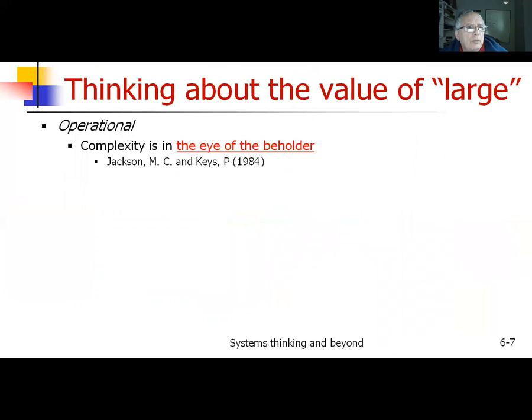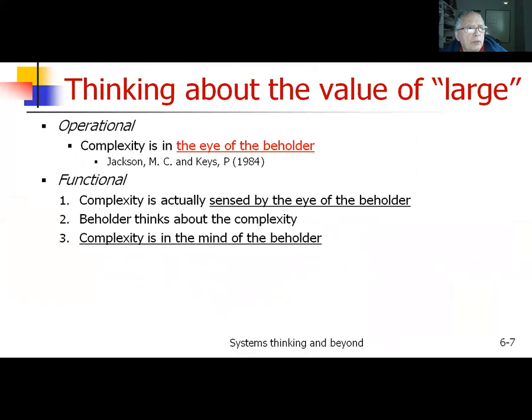So when we're thinking about the value of large, from the operational perspective, Jackson pointed out complexity is in the eye of the beholder. On the other hand, from the functional perspective, complexity is actually sensed by the beholder when the beholder thinks about complexity. So complexity is really in the mind of the beholder.